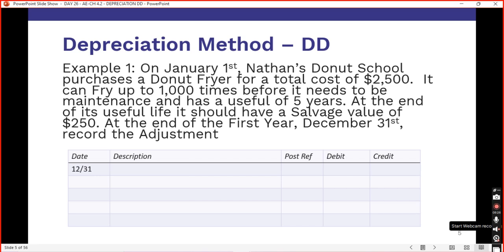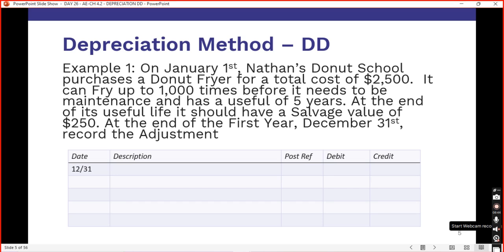Okay? So let's take a look at the same exact example of that donut fryer that we were looking at here. So again, on January 1st, Nathan's Donut School purchased a donut fryer for a total cost of $2,500, right?